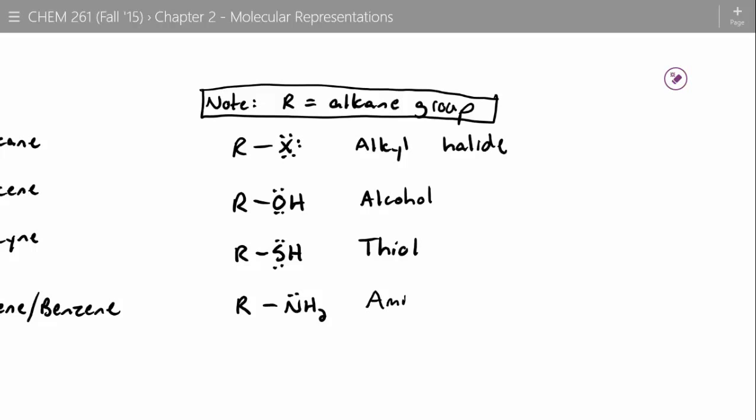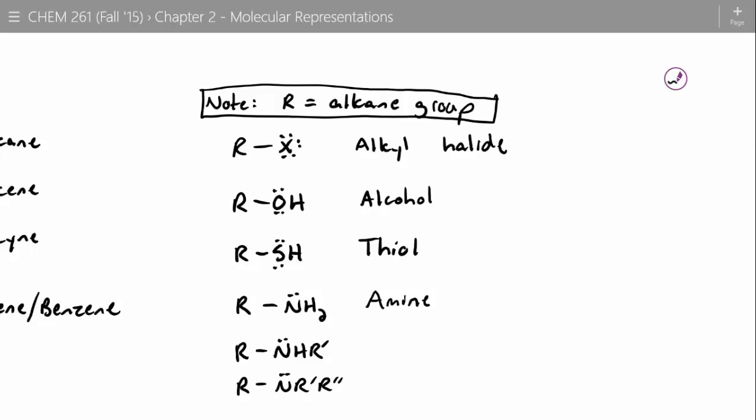One important thing with amines, too, is these hydrogens could also be replaced with another carbon. So, for example, what I mean by that is you could have R, NH, and then one of those hydrogens could be switched out with a different R group. Or you could have N, R, R. These are all considered amines.